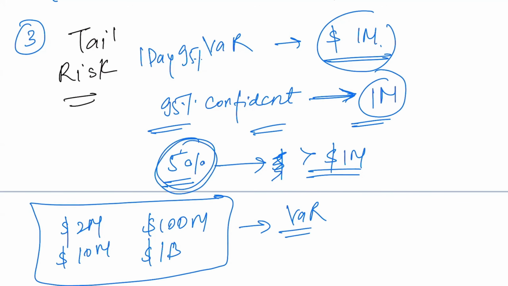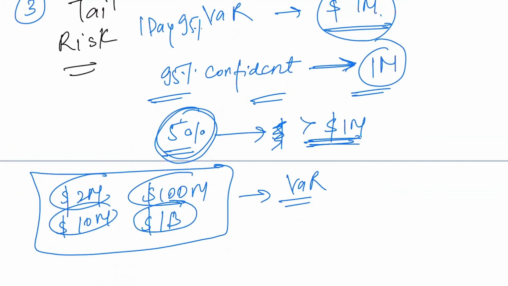But in this uncertainty period, the 5% period, losses can be more than $1 million, and the magnitude is not specified. So it can be anything. This is one of the biggest limitations of using value at risk.